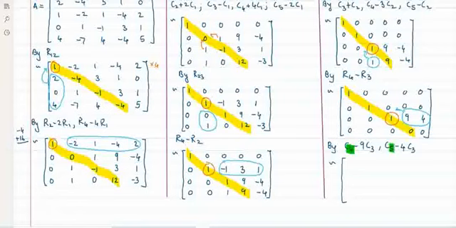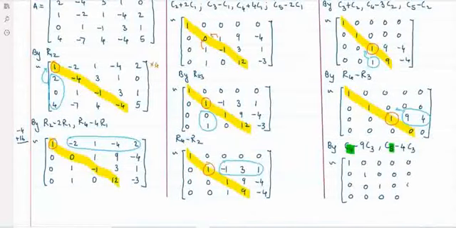Observe this. The first three columns, no change. 1, 0, 0, 0, 0, 1, 0, 0. C3 also no change, 0, 0, 1, 0. What will be the result here? Correct?